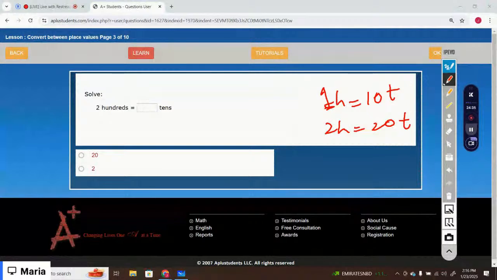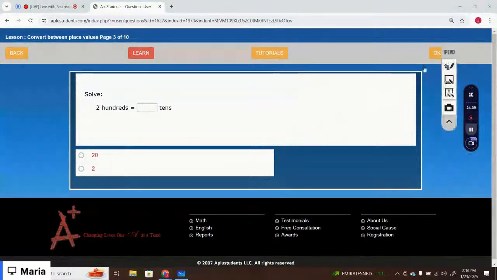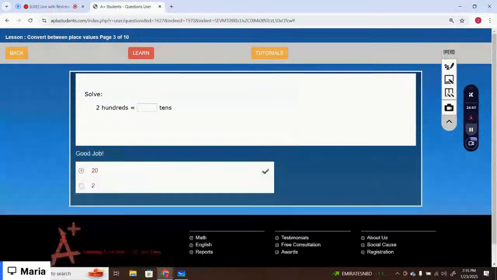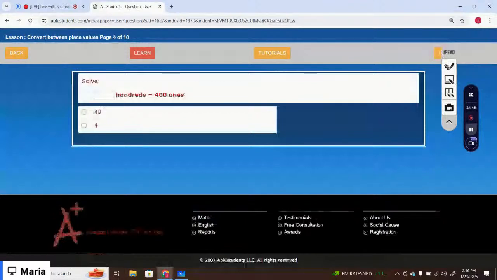Option number 1 is the correct option. 400 ones equal how many hundreds?